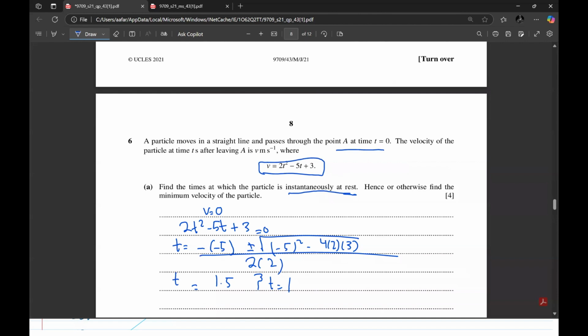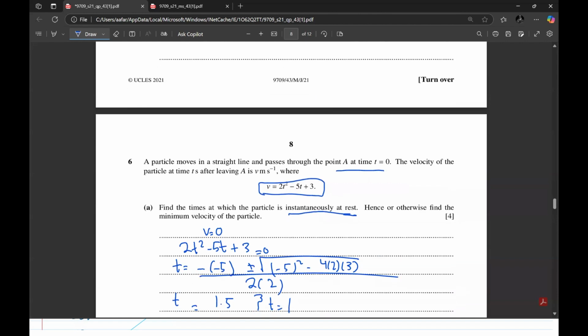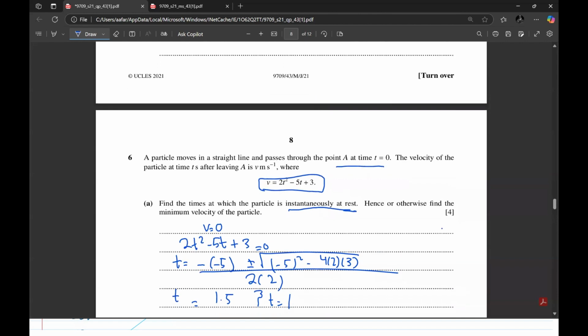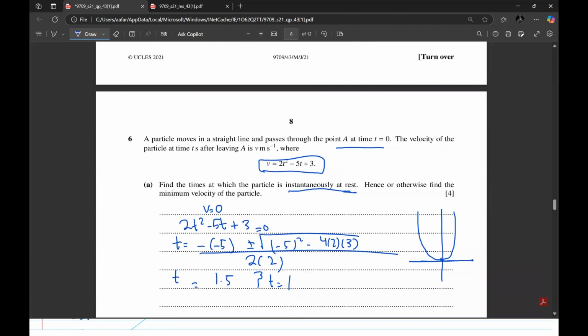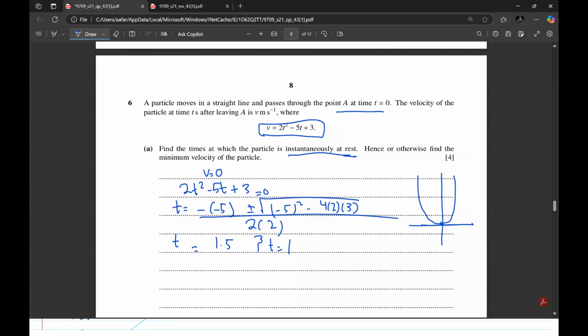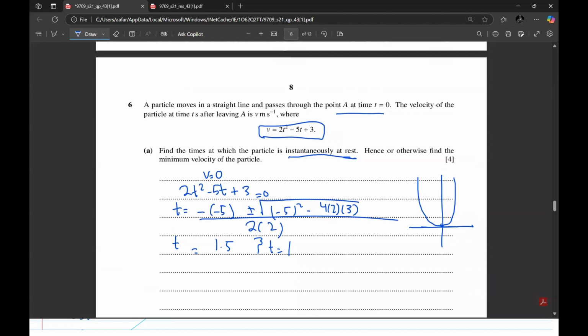So now to find the minimum velocity: it's an upward opening quadratic graph, right? So at its minimum, its gradient, the acceleration, will be equal to 0.